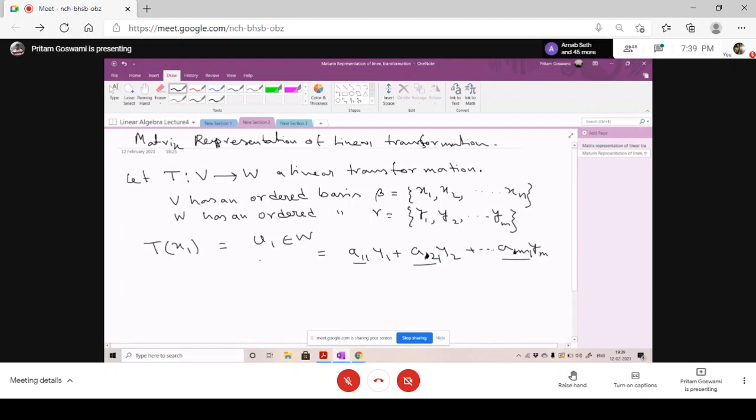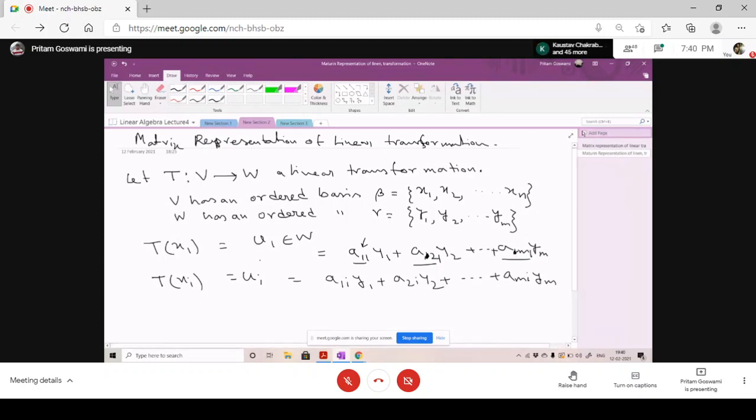You can write it like this also. These are the scalars, right? Yes, sir. Okay. So for any T xi, you will get a ui. You can write it as a1i y1 plus a2i y2 plus a mi ym, right?